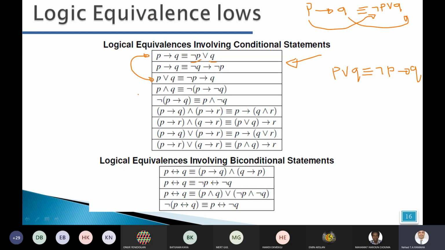Okay. This law is like the negation law, but for the implication. We already mentioned it before.